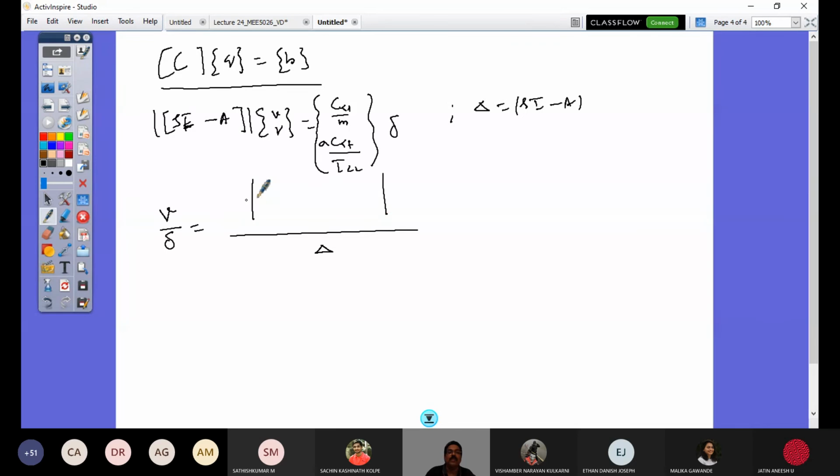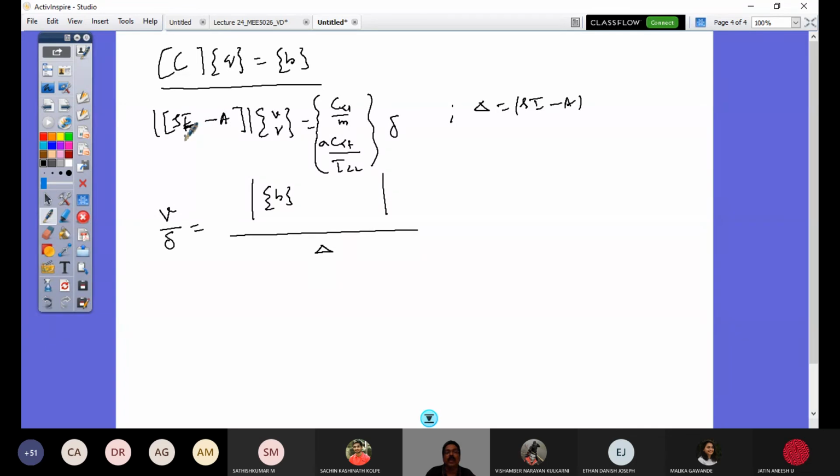Out of this, V is the first variable, so in sI minus A, I should replace the first column here with the B vector and keep the second column of sI minus A as it is.